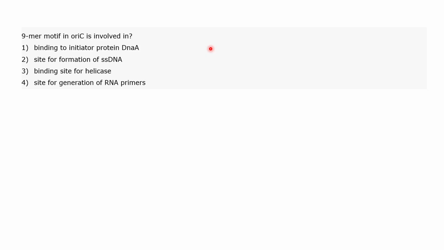There are two motifs present in ORC, and we will discuss that. One of them is the nonamer, and out of these options, which might be the activity that it carries out? Okay, I am getting option number 3.